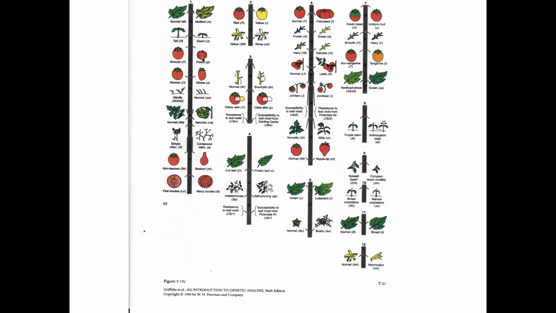Recombination frequency is greater between these two genes, the texture gene and the shape gene, than between the height gene and the texture gene. So those intervals between the gene loci on the same chromosome are determined based on recombination frequencies. The smaller the distance, the lower the recombination frequency; the greater the distance, the higher the recombination frequency.